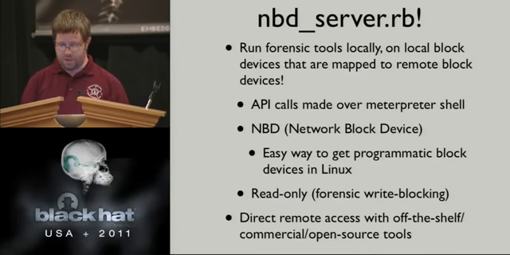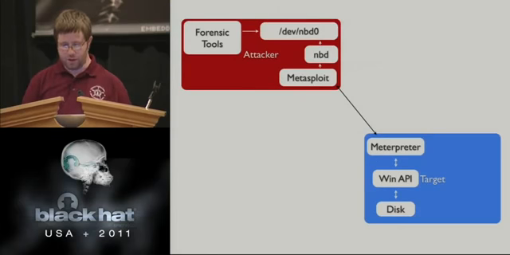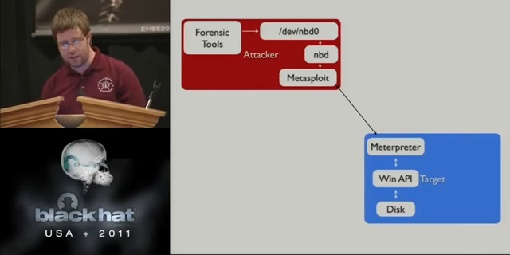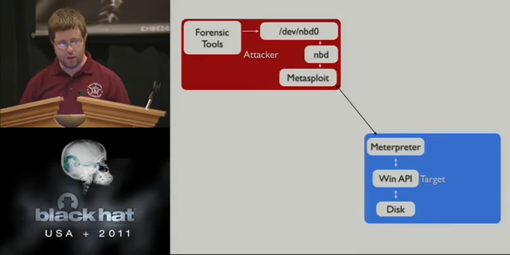So with this, we have this direct access. The way it looks diagrammed out is that on the target side, you have the disk with its volumes and things. You have the Windows API that manages access to it. You have the interpreter shell that you've spawned from your exploit. And on the attacker side, you have Metasploit talking to that interpreter shell.